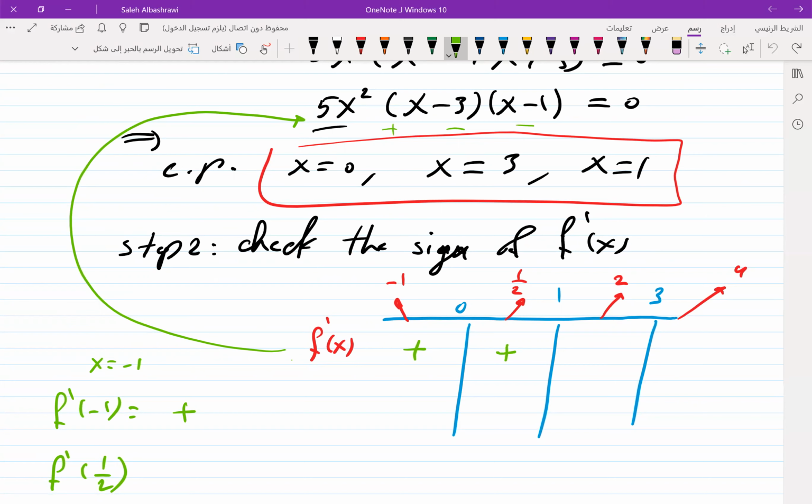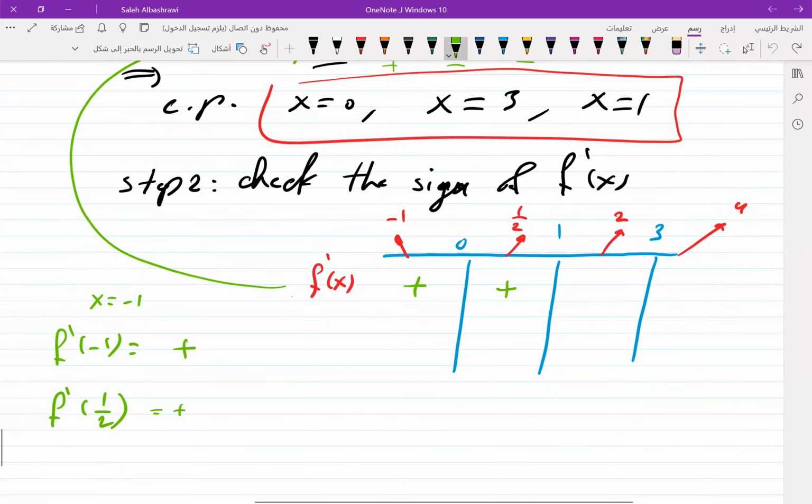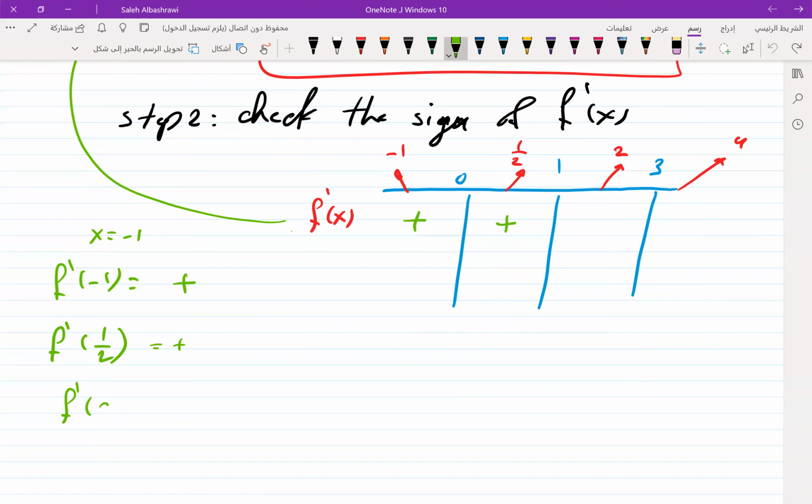Now replace x by 2. If you replace x by 2 in the derivative, we have something negative. So the sign of the derivative is negative. F prime of 4, you will have something positive. If you replace x by 4, you will get positive value.